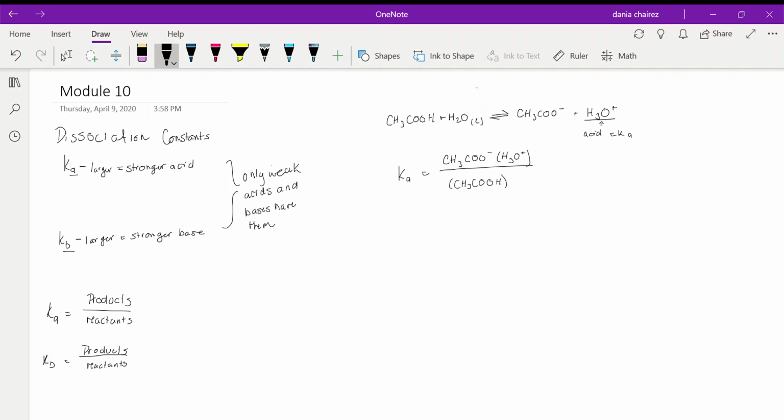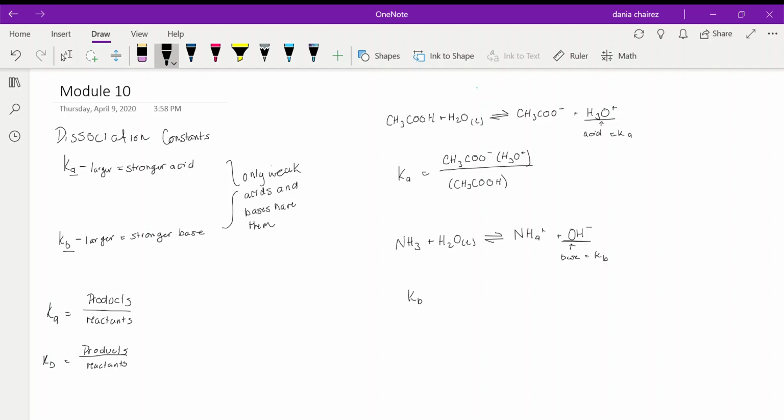So then take for instance now if I were to give you ammonia, which is NH3 plus water, it's a liquid, it gives me NH4 plus and OH minus, and this OH tells me that it's a base, so we're going to be using Kb.